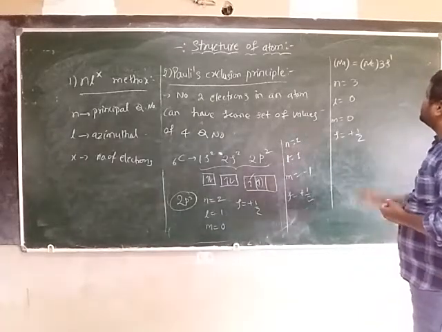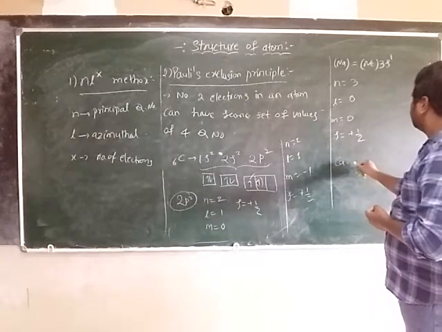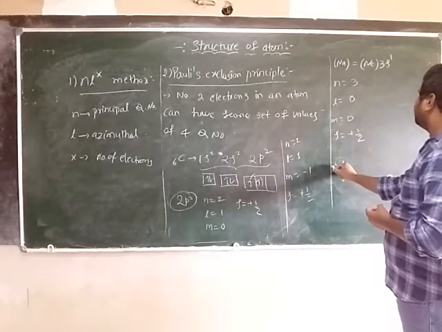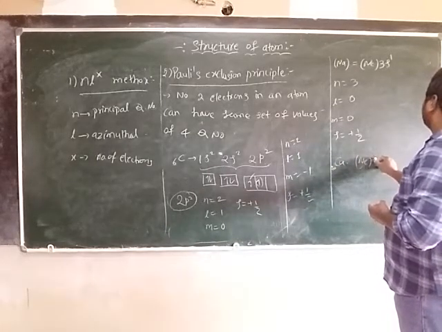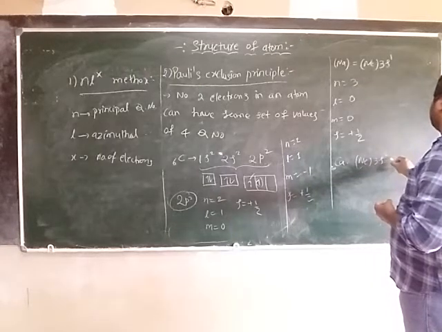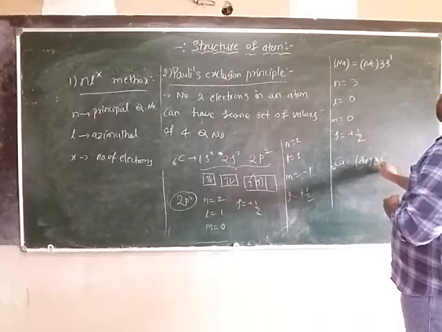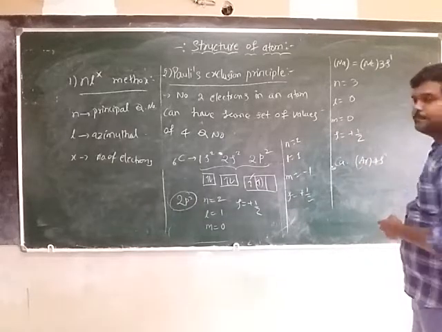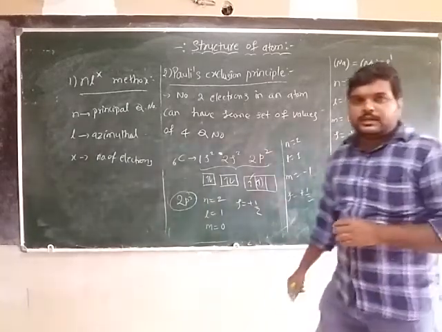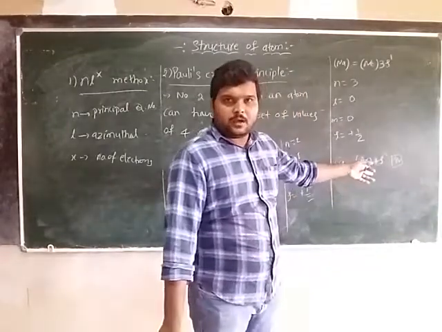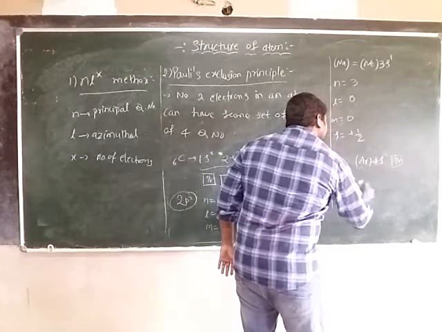For example, if they ask calcium, atomic number 20, so now you can write argon 4s2. If they ask to write the 4 quantum numbers for the 2 electrons in the valence shell orbital, n value 4 for both electrons.